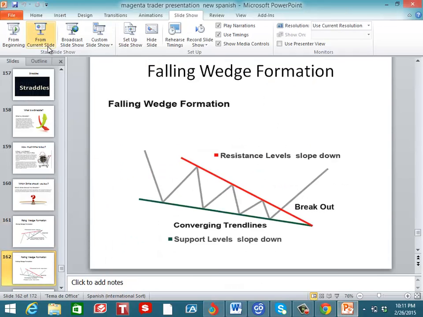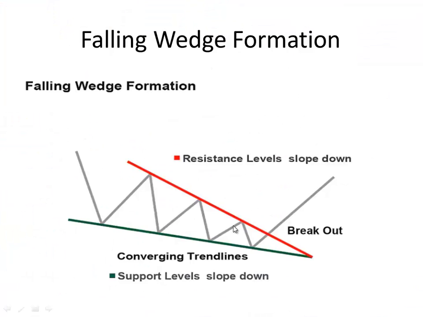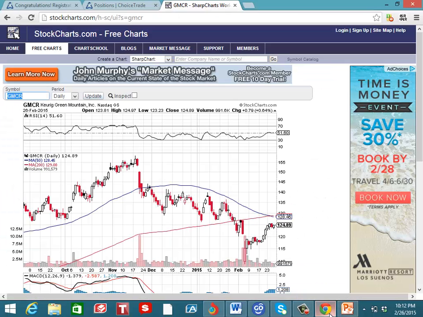Now the same thing applies for a falling wedge. Usually the stock has been falling sharply, but the oscillations are getting smaller and smaller, and usually they break out to the upside, but we don't really care because we're playing the straddle on it.